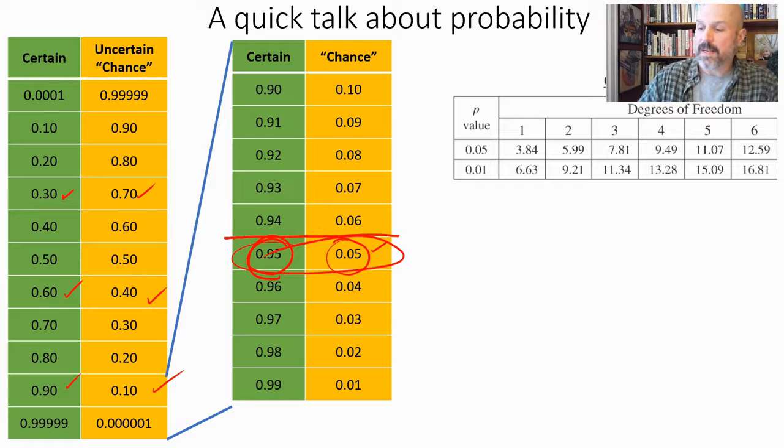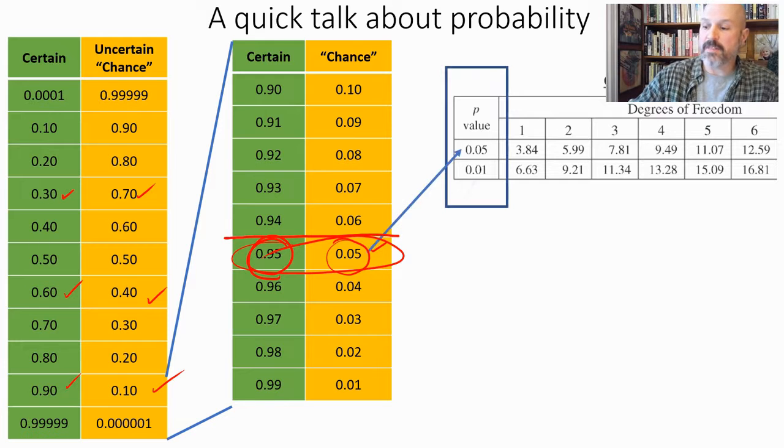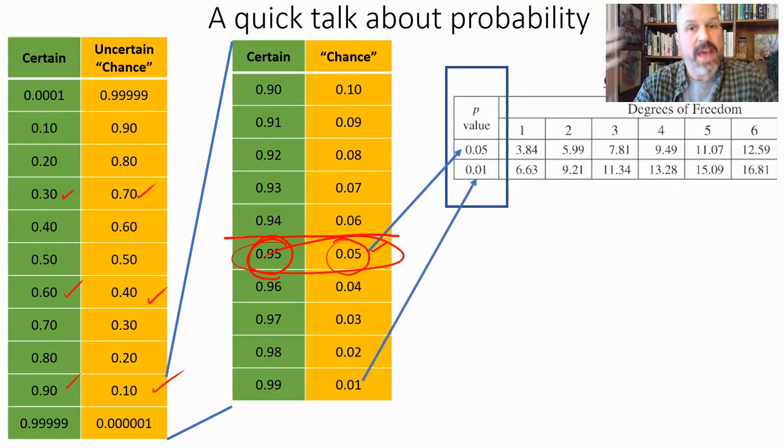All right. Now, these become what are called our p-values when we start amassing our evidence about the chi-square. If you want to be really, really certain, you can say I'm 99% certain, which has a p-value of 0.01. If you're wondering where the 0.01 comes from, it's just 1 minus the 99% certainty.